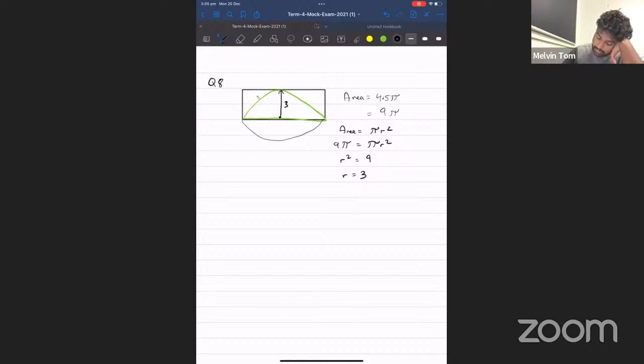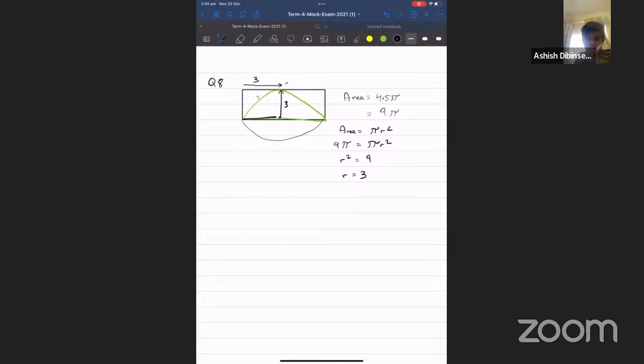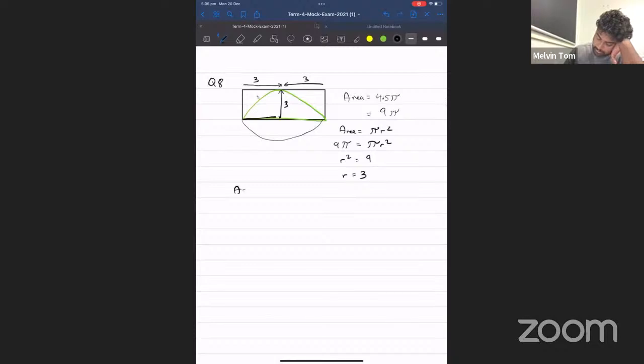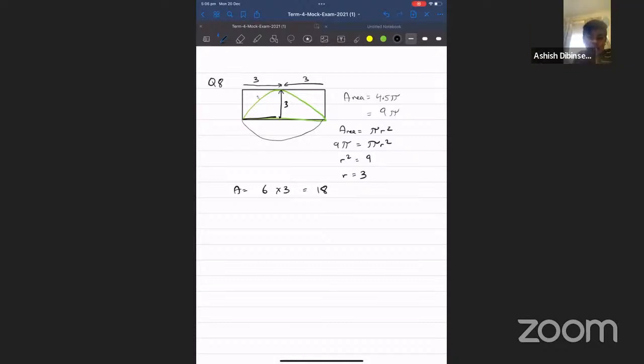This distance here is also 3, and this distance here is also 3. So the area is equal to 6 times 3.